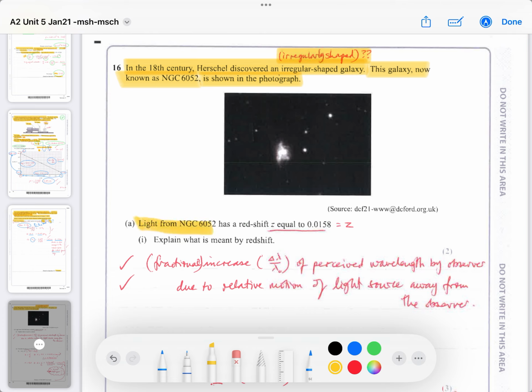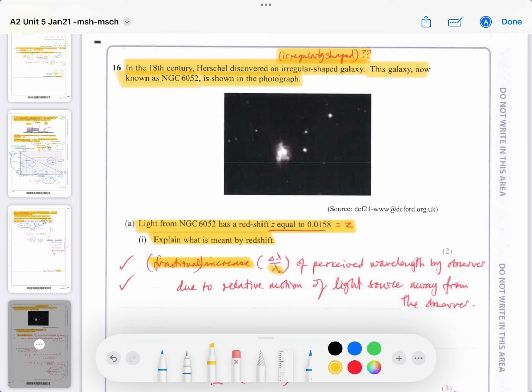Light from this galaxy has a redshift equal to a z value of 0.0158. You need to see the equations in the back of the sheet. Explain what is meant by redshift. A redshift is the fractional increase in your perceived wavelength.